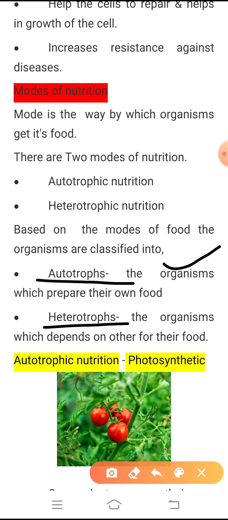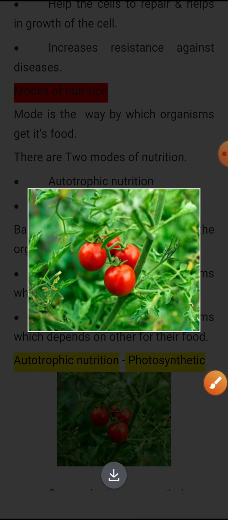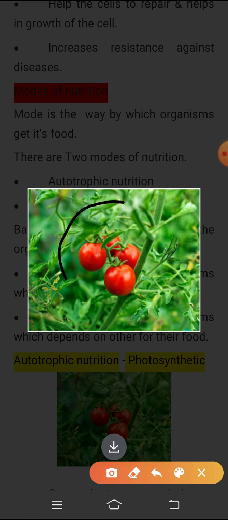You already know about autotrophs, and you also have an idea whom we can consider as autotrophs. All the green plants, right? All the green plants which prepare their own food, we can consider as autotrophs, because these green plants do not depend on any others for their food. The production of their food is done by themselves. Hence they are considered to be autotrophs.